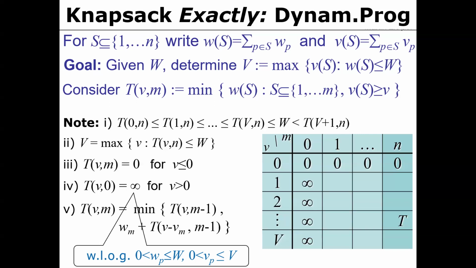So in this way, we can gradually fill the table from left to right, from top to bottom, by looking at entries to the left and entries to the left and further up.